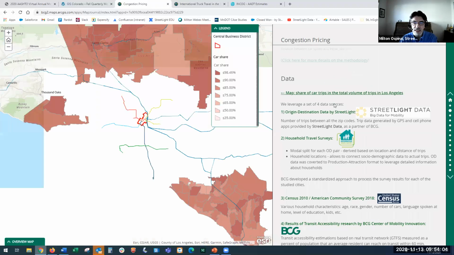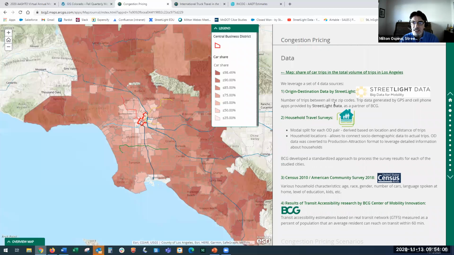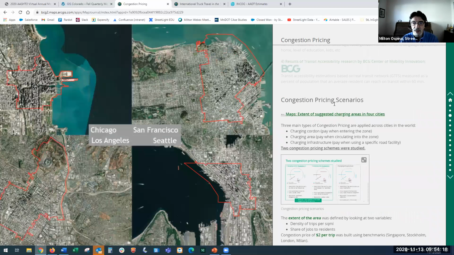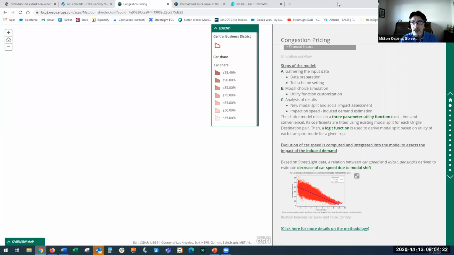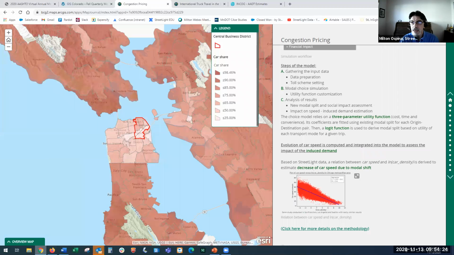So you see in this case, they started bringing the origin destination data and trip speeds from StreetLight data in order to do their analysis, in addition to other things, the American Community Survey, also mentioned by the previous speaker, and things like that.